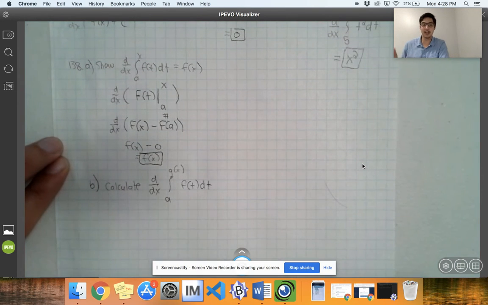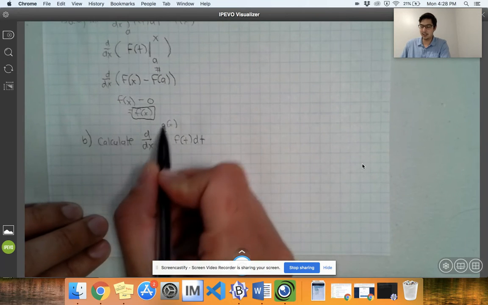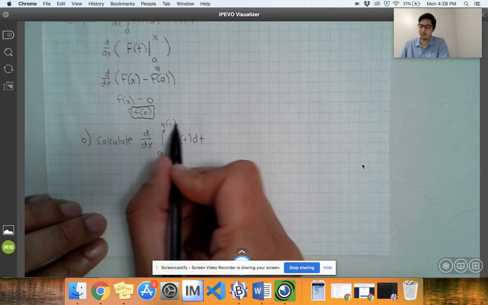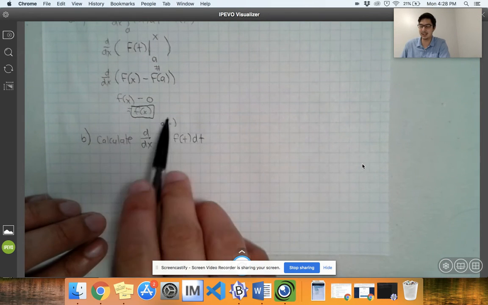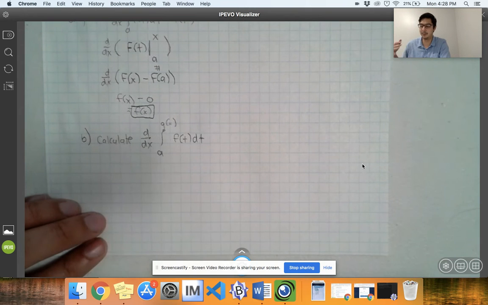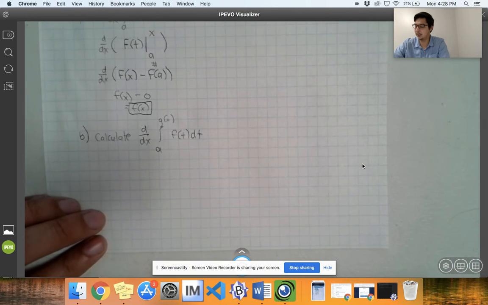And again, just a reminder, because I remember when I was learning this, it always confused me. The only reason it's t and not x here is because we don't want to confuse the x's with this function and with this function, so we just use a different variable. This doesn't have to be x. We could have used t here, but then that would be with respect to t. Just a notational thing in calculus.